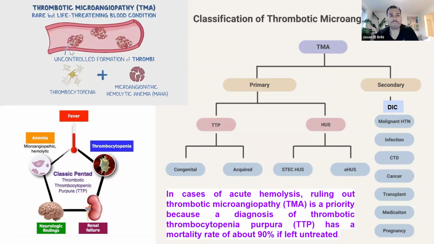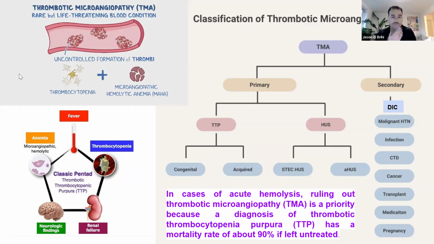So it can be quite serious because not only do you have consumption of your platelets by forming these clots, you also get destruction of your blood cells. So you get anemia, you get bleeding because of having no platelets, but you also get blockages because you've got these thrombi. So it's this awful, vicious cycle of clotting and bleeding, which can be fatal.